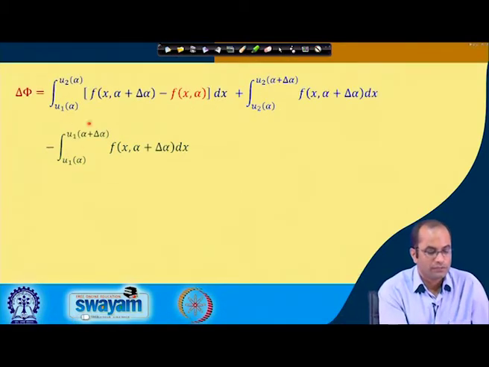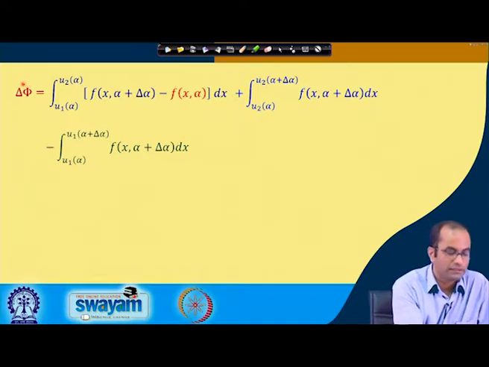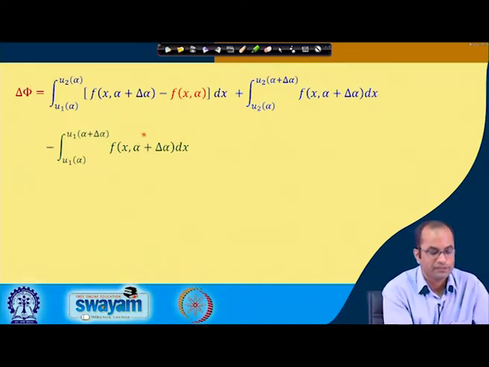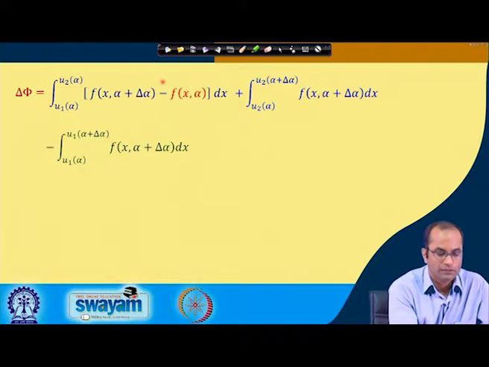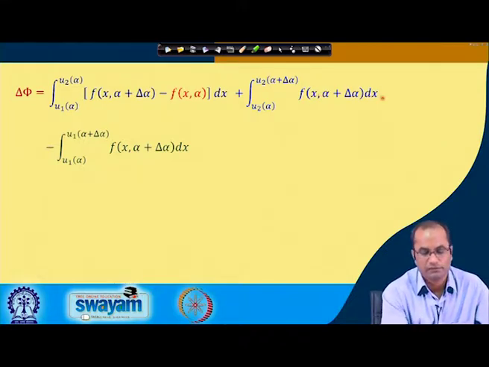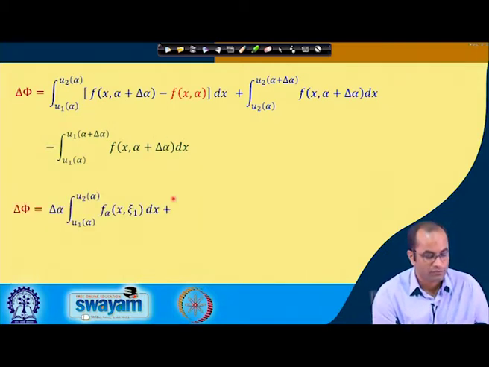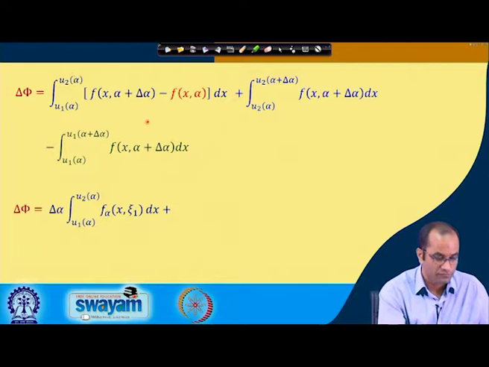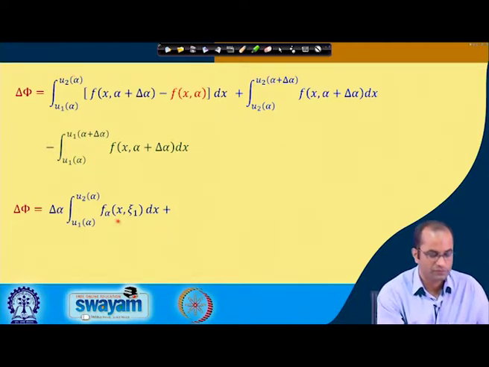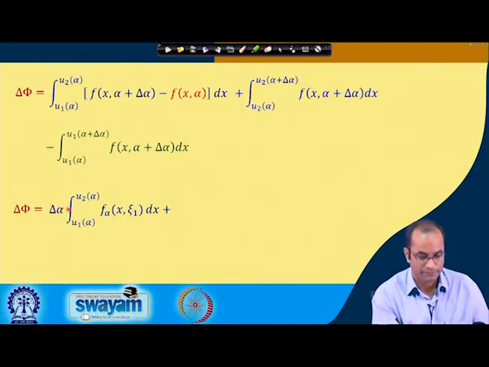So, this was the original delta phi in the form of integrals, and now we will replace all. Here we have applied the Lagrange mean value theorem, then the mean value theorem for integral, and here also the mean value theorem for integral. From the first term, because we have applied the Lagrange mean value theorem, we get f of alpha and delta alpha will be there.